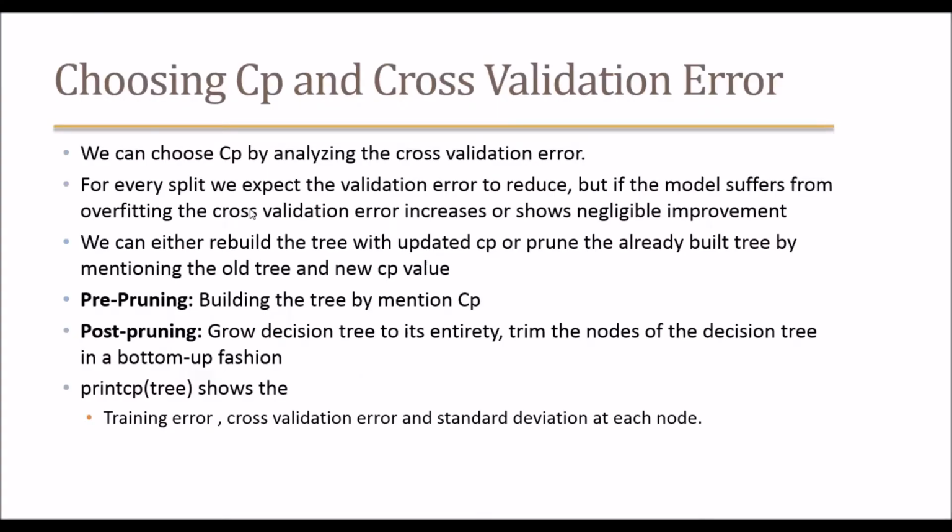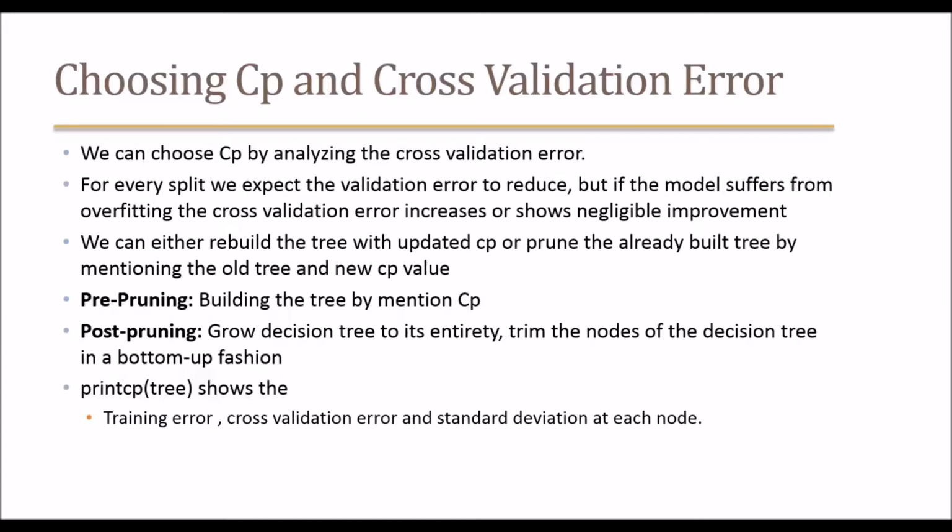How do we choose the complexity parameter? Is it 0.1 all the time? Is it 10%, or is it 5%? Or does the complexity parameter increase or decrease depending on the data? How do we choose the right complexity parameter for a given decision tree, and make sure that we are not building a tree that is very weak in itself?